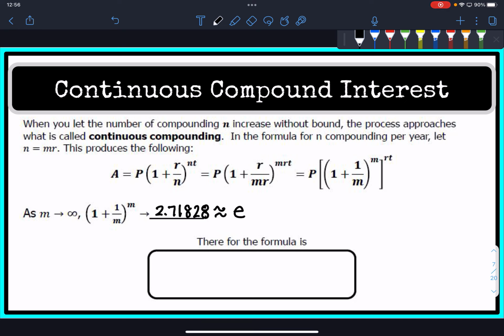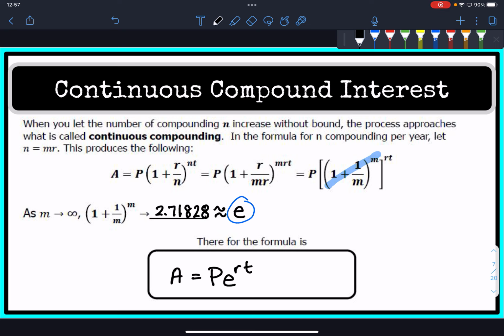So if I replace this with the value of e, my formula becomes A equals P times e to the rt. It's the exact same formula that we used for continuous growth or continuous decay from lesson 3.2, and this is how the formula is generated using this logic.